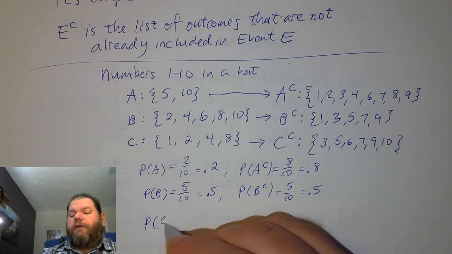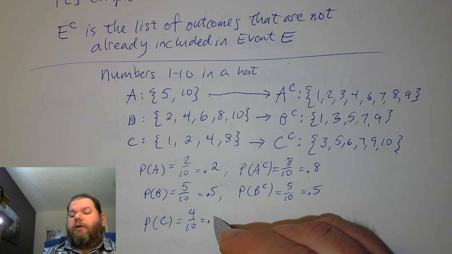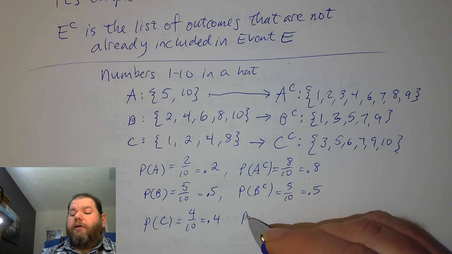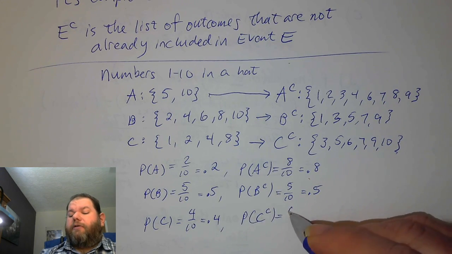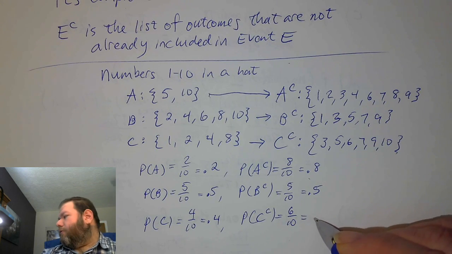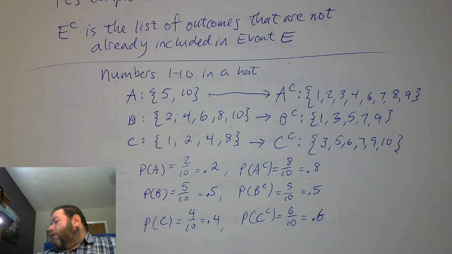And probability of C is 4 out of 10, and for C complement it would be 6 out of 10. Should be 0.6. Okay.